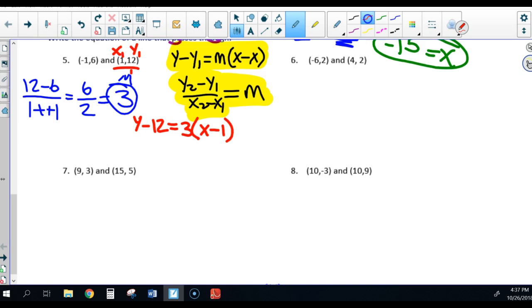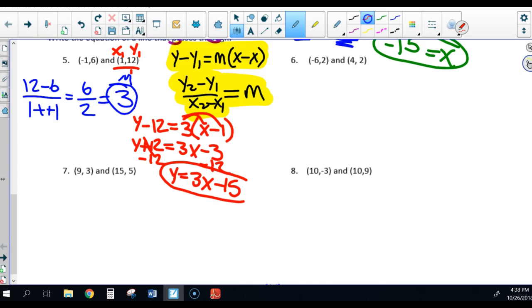So that's where I got the 12 and 1 from. This equation needs to be put in slope-intercept form. So we just solve for y. Distribute to get 3x minus 3 equals y plus 12. And then get rid of the plus 12 by subtracting. Y equals 3x minus 15.